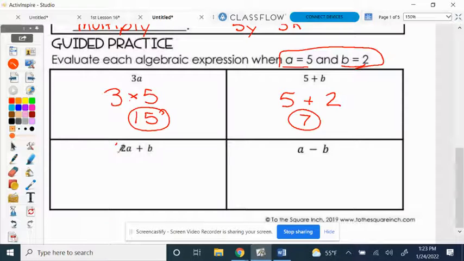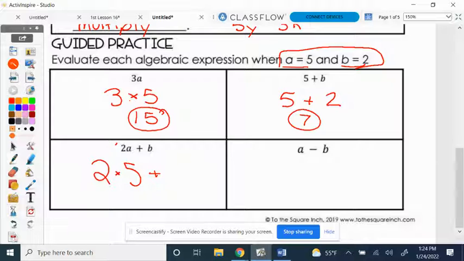What about this one? This one's a little bit trickier. I have my 2. What does my a mean? Travis? It means to multiply. No, what does a mean? 5. So when I have a number right beside a letter, what am I going to do with that 2 and that 5, Abby? I'm going to multiply, and then I'm going to add.